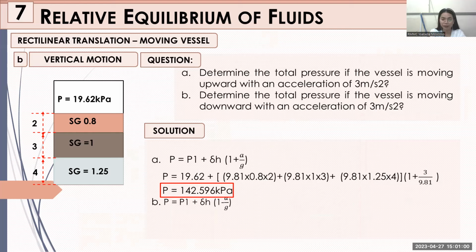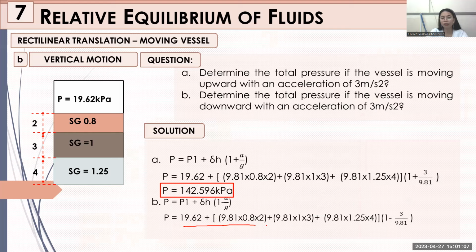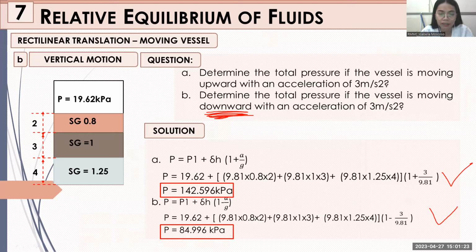Okay? For letter B, how about naman if your vessel is moving downward with the same acceleration, 3 meters per second squared? So, the same lang naman. The same equation all throughout dito. Pero pag abot dito, nagbago. It's because negative na yung gagamitin natin. Bakit negative? Because that is moving downward. But the concept ng dalawa is parehas lang naman. So, can you check if that is 88.496?